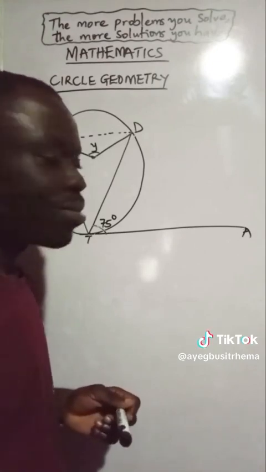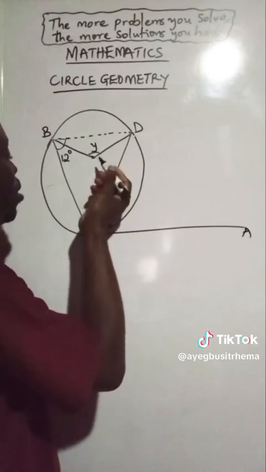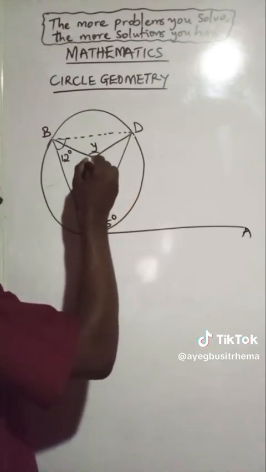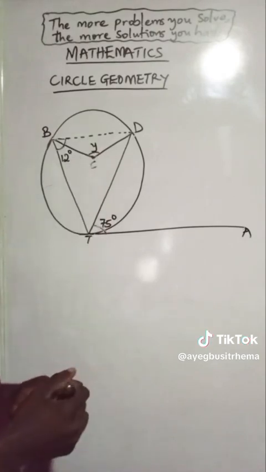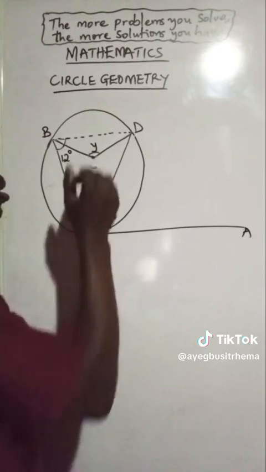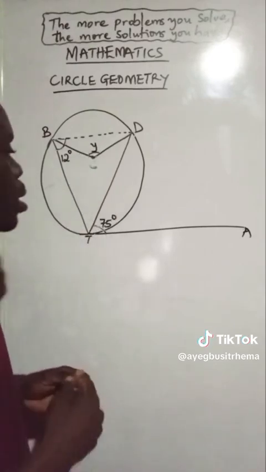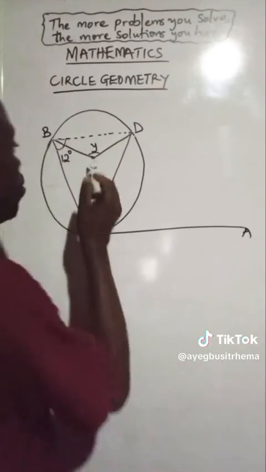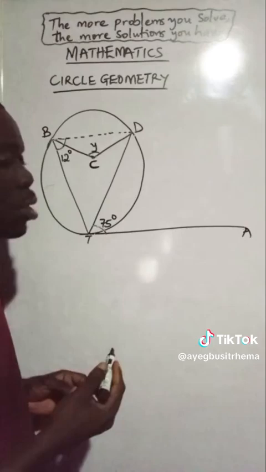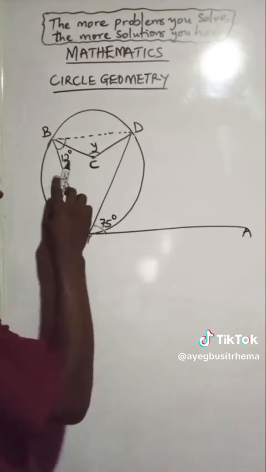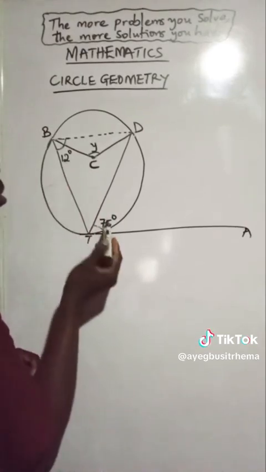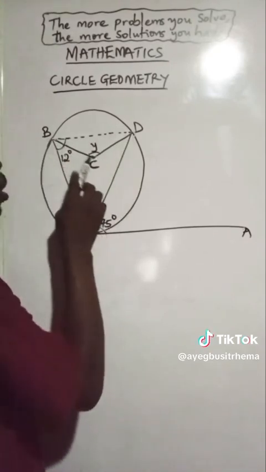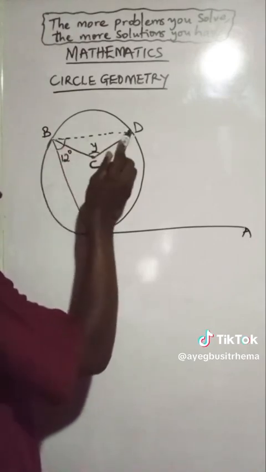Let's call this angle C. Now if this is C, we can easily refer to DBC, that is this angle.